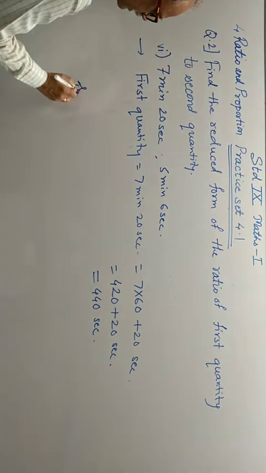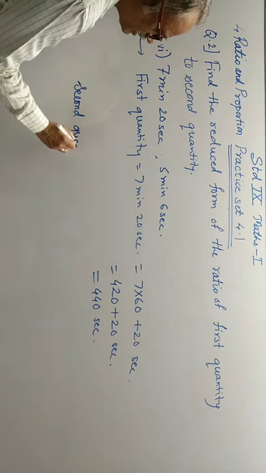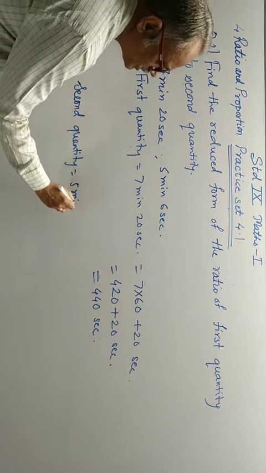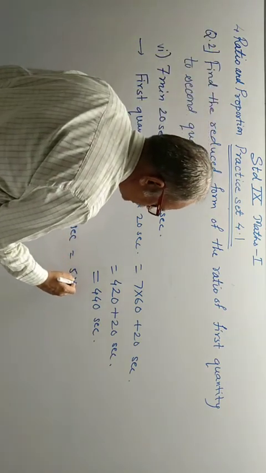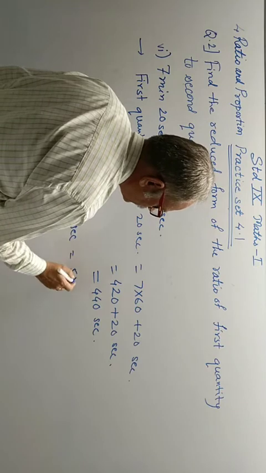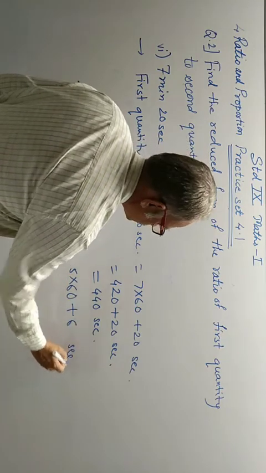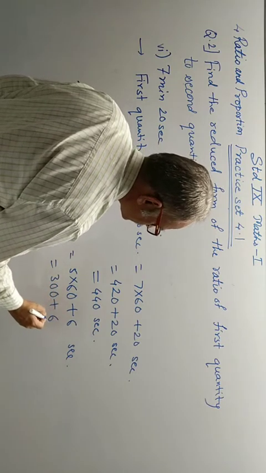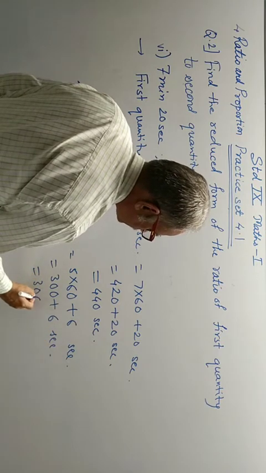Now the second quantity. What is the second quantity given? 5 minutes 6 seconds. 5 into 60 plus the additional 6 seconds. 6 fives are 30, 5 into 60 is 300, plus 6, that is 306 seconds.